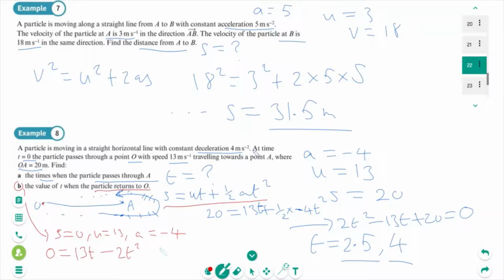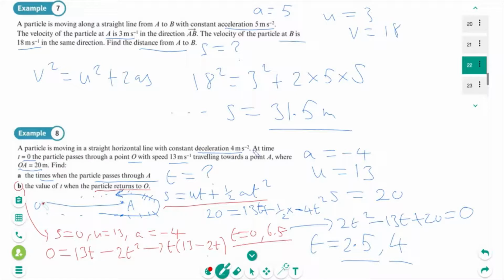So that will give you t bracket 13 minus 2t. So that will give you t equals 0 and t equals 6.5. We get two answers. So t equals 0 is the starting position when it was at the origin.